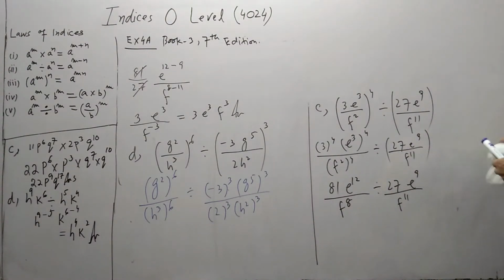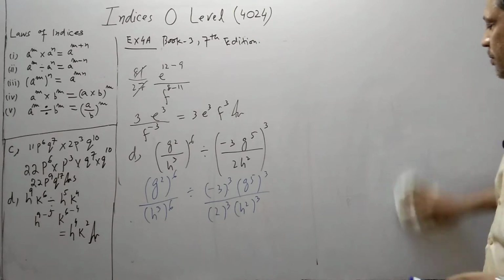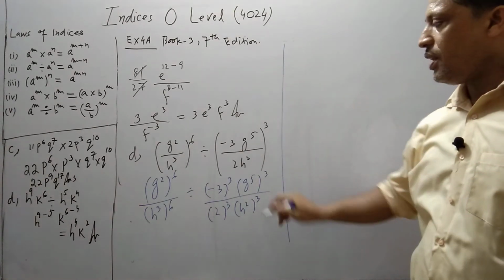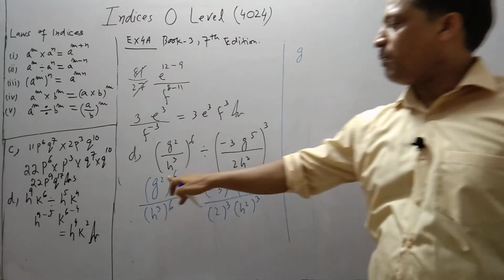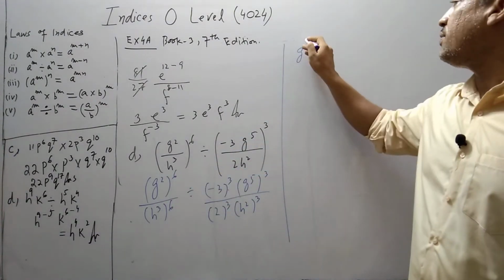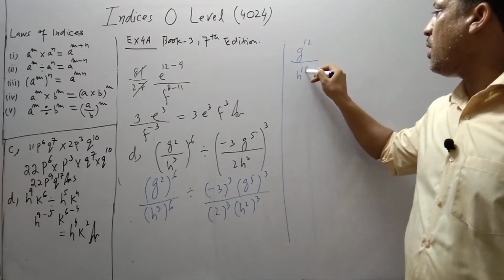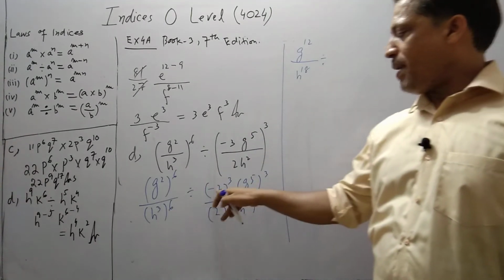Our next part is g. Power to the power is always multiply. 2 6s are 12, 3 6s are 18, divided by minus 3 cube.